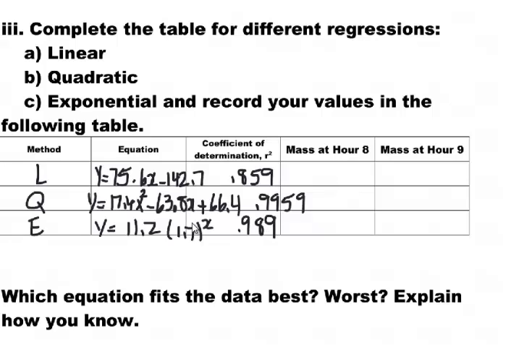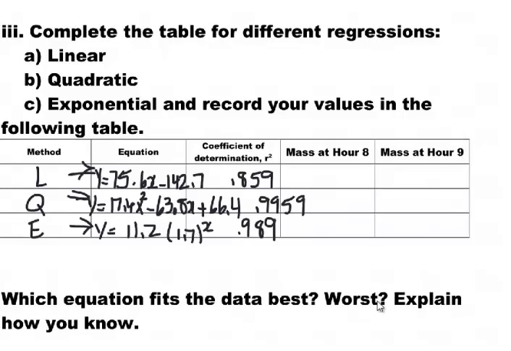The next part of the question is asking to find the value of the mass at hour 8 and hour 9. We have two possibilities. One, we can use these equations, which are shown here, for different values of x. For instance, for x equal to 8, which is time 8, we can replace x here with 8 and then evaluate this one.